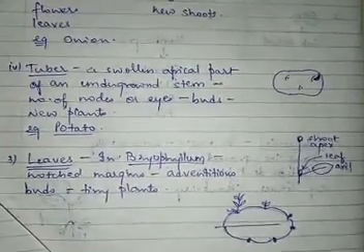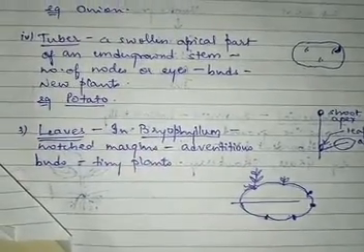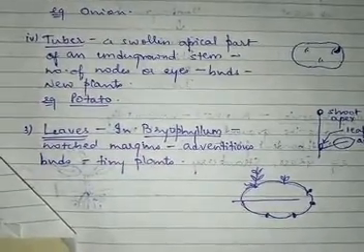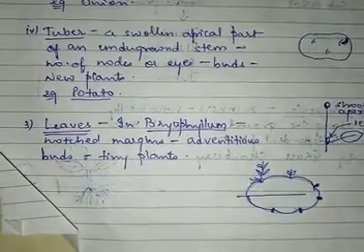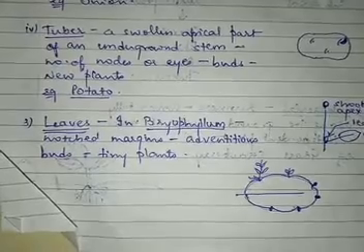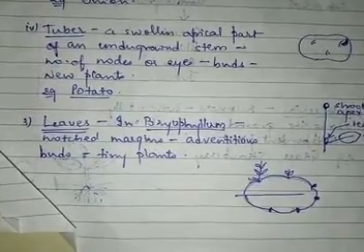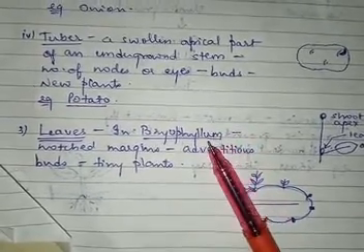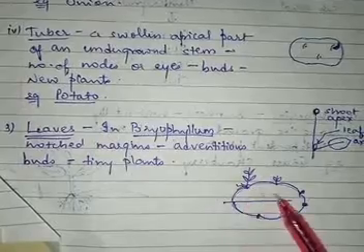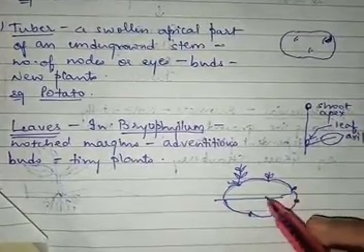Now we come to the third type of vegetative part, that is the leaves. We have studied how the root helps in the process of vegetative reproduction, how the stem helps in the vegetative reproduction, and now we are coming to the leaves, and the example over here is bryophyllum. Now here this is the picture of the bryophyllum leaf.